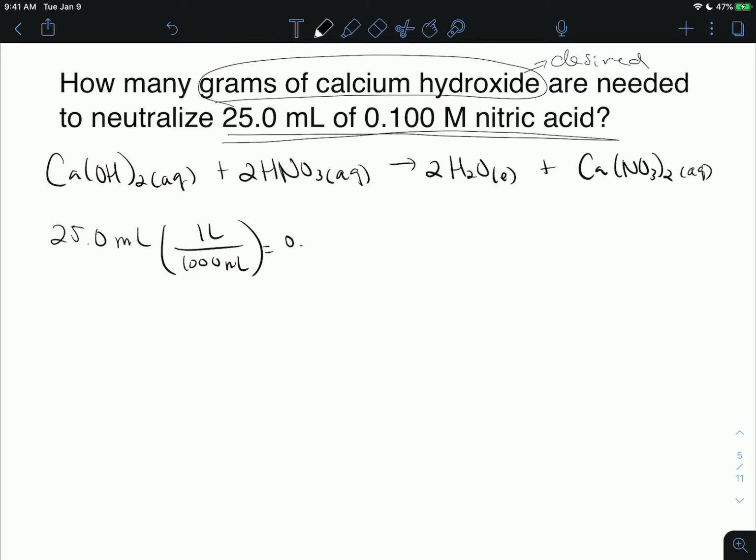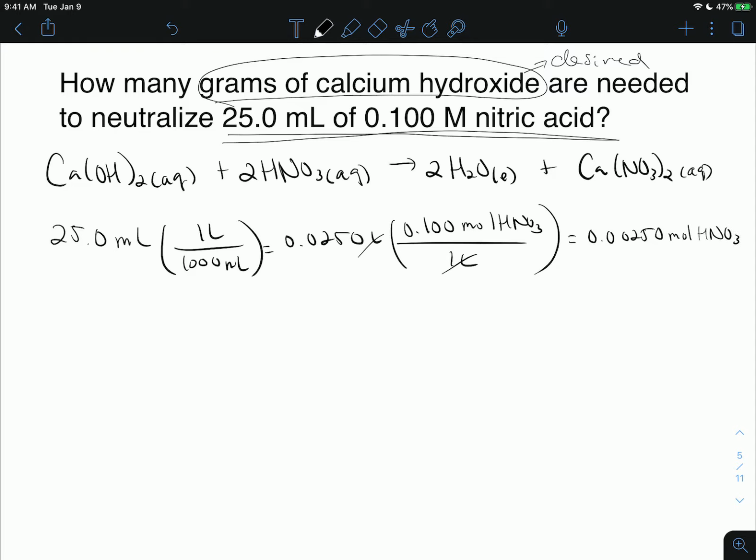And we get 0.0250 liters. And then we can multiply this by our concentration, 0.100 moles of our nitric acid per liter, canceling out our liters, and giving us 0.00250 moles of nitric acid. And then from there, we can convert from moles of nitric acid into moles of calcium hydroxide using our balanced equation.